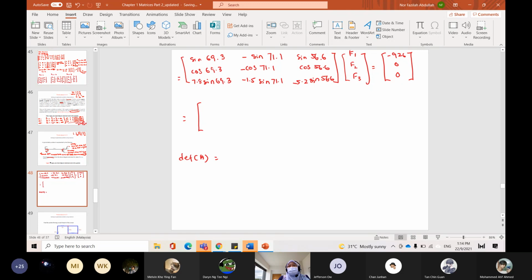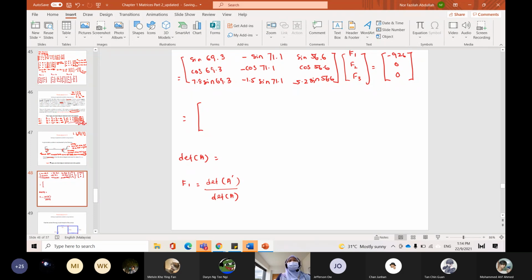So let's say this is your matrix A. Find the determinant of this matrix, and then you may find F1 by substituting the first column with the answer matrix. So F1 is the determinant of new A, I put the apostrophe here, divided by the determinant of the original matrix.